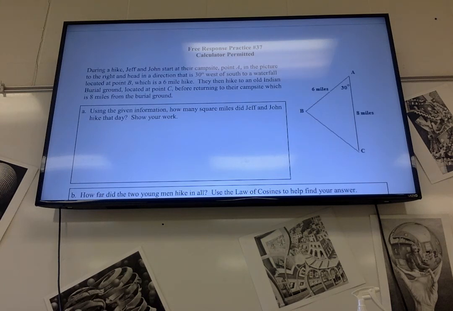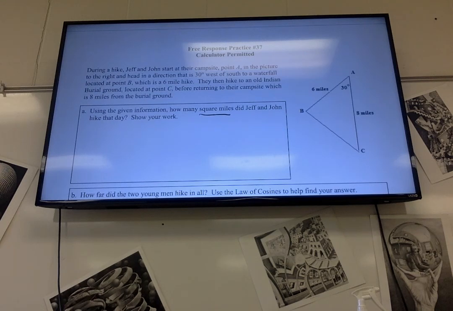They then hike to an old Indian burial ground located at point C before returning to their campsite, which is 8 miles from the burial ground. All right, so what we need is actually labeled already in the picture. Using that given information, how many square miles did Jeff and John hike that day?